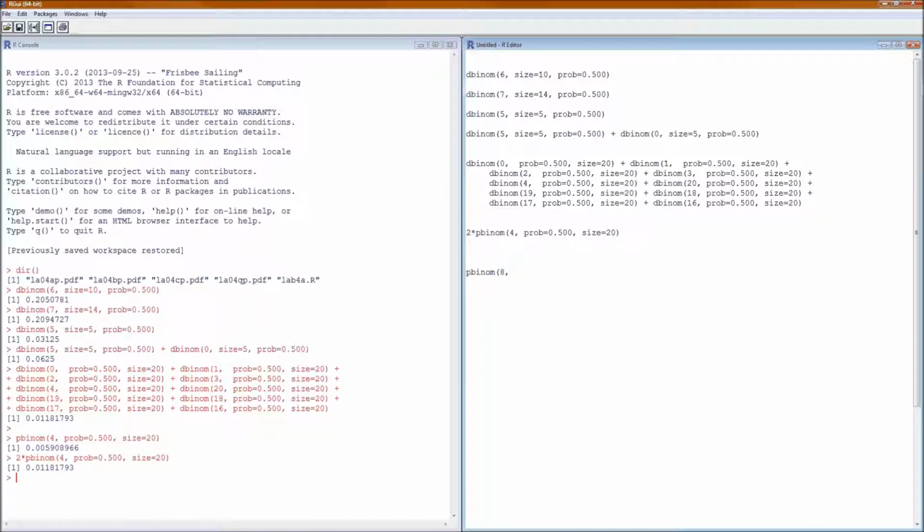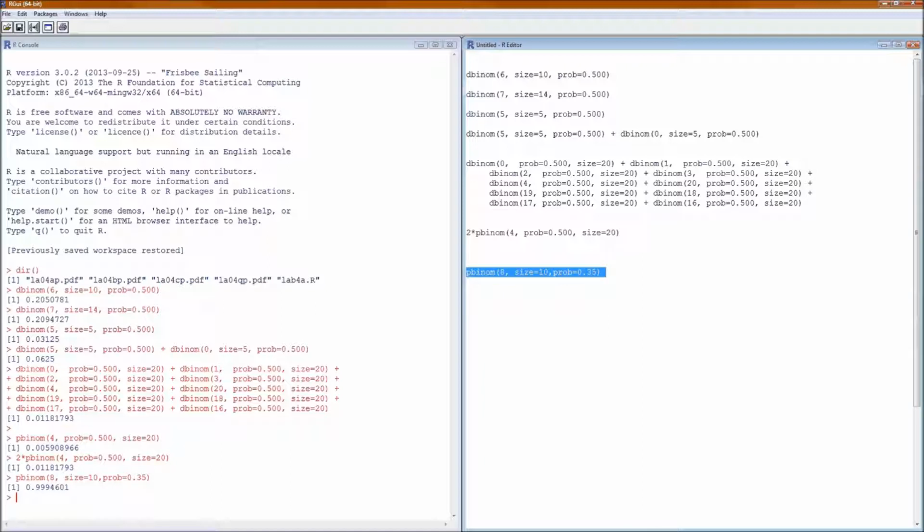Because x is distributed binomial with size of 10 and probability of 35%, pbinom 8, comma size equals 10, comma prob equals 0.35 will give us the probability of having 8 or fewer heads on an unfairly weighted coin flipped 10 times. And that unfairly weighted is 35% chance of getting a head.